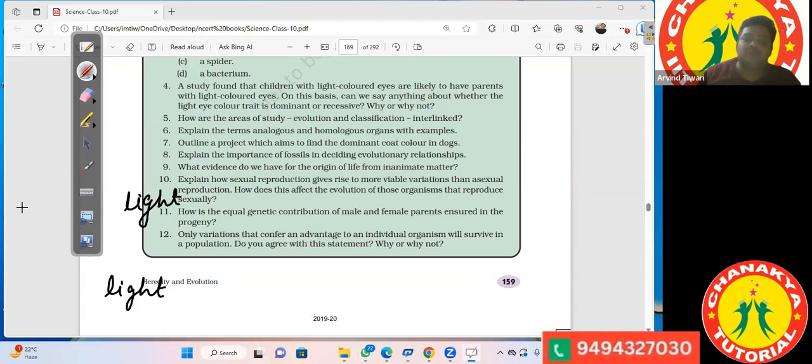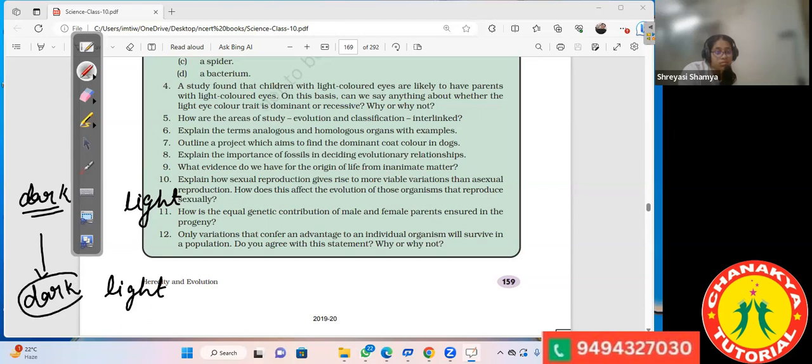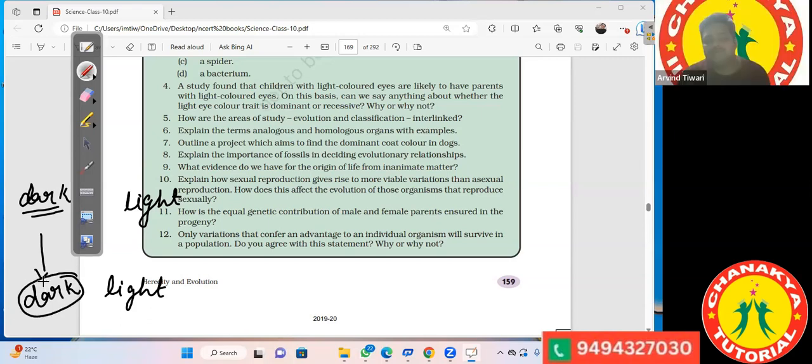Suppose the parents have dark colored eyes. When they have dark colored eyes, we are not obtaining light color. There is only dark color, no light color.